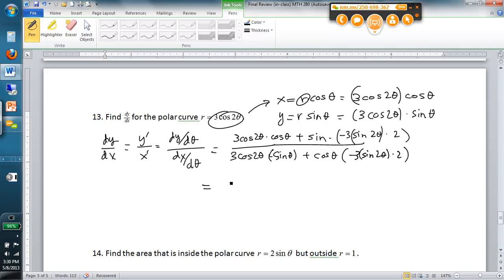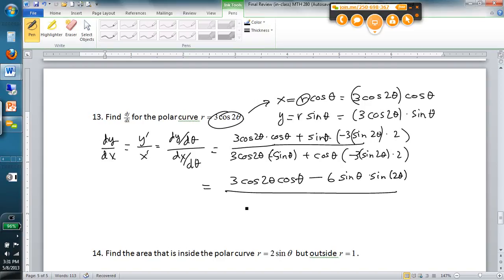What can I clean that up with? 3 cosine 2 theta cosine theta minus 6 sine theta sine 2 theta. And then about the same thing happens down here: negative 3 cosine 2 theta sine theta minus 6 cosine theta sine of 2 theta.